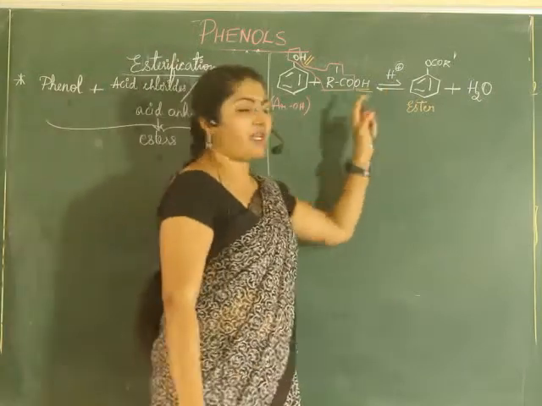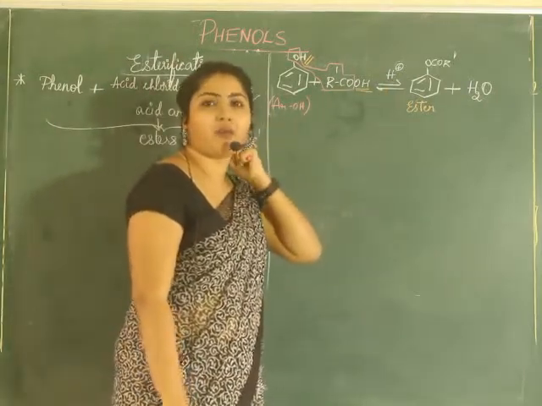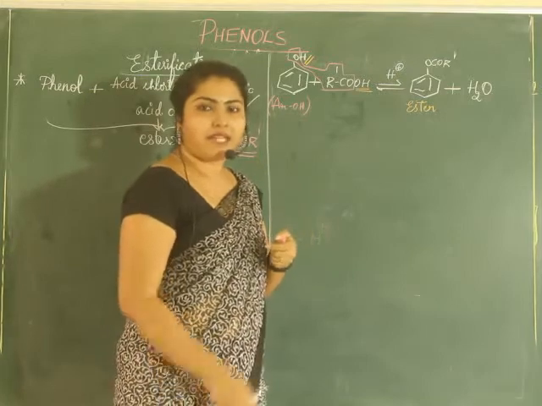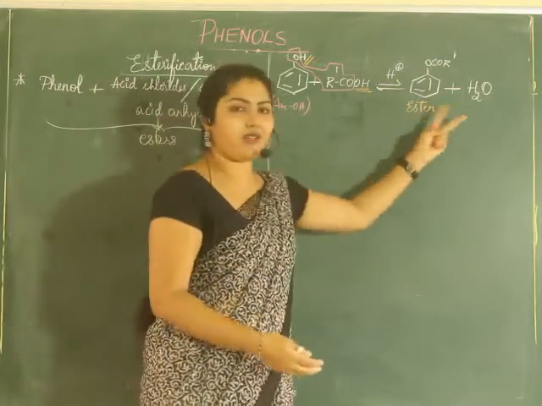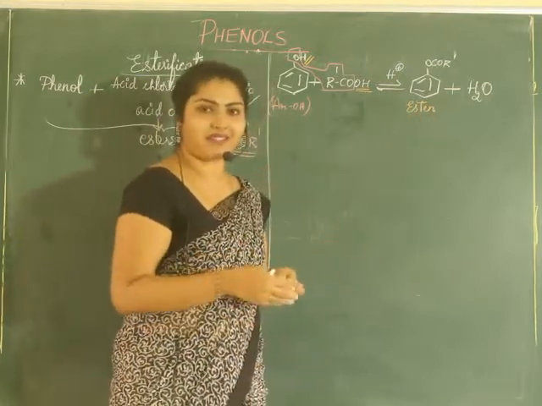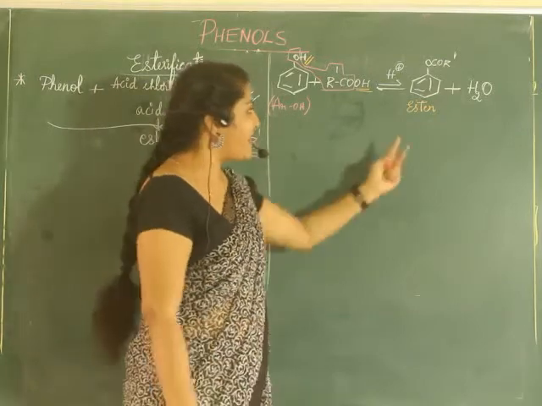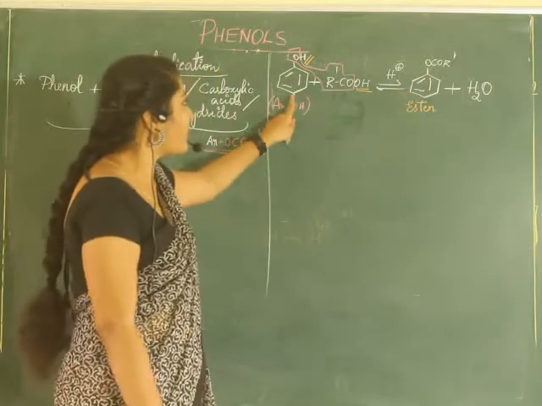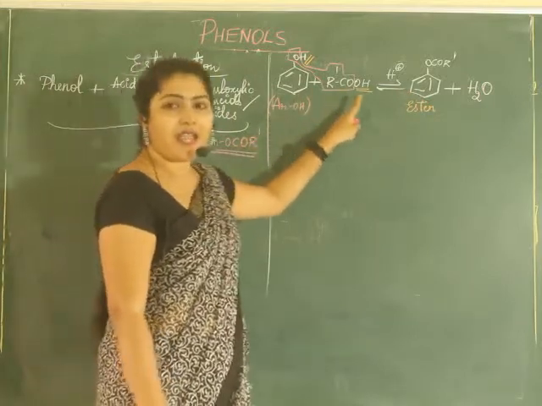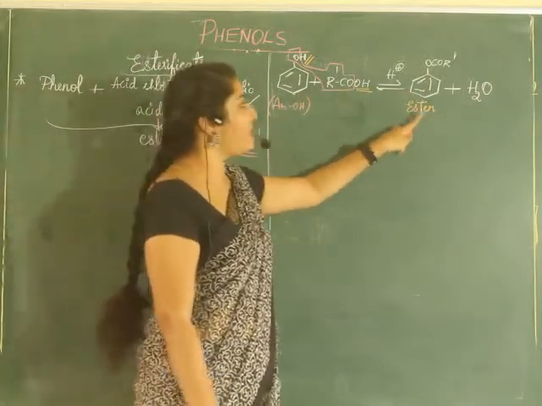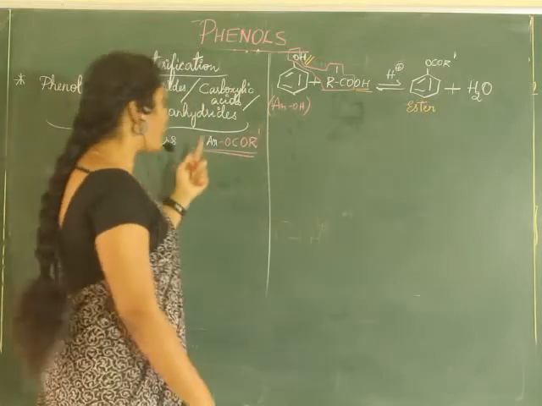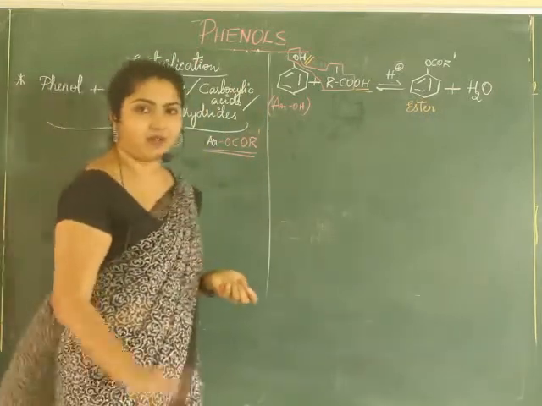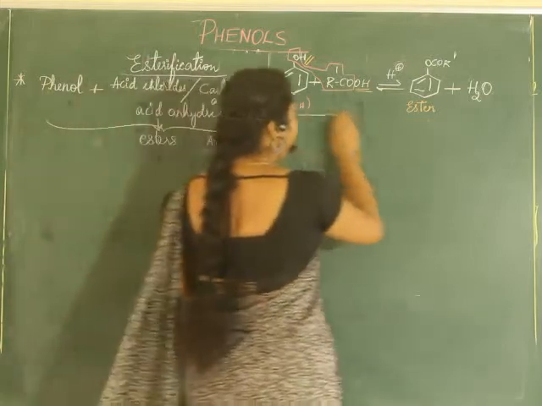Why is this acidic medium needed? The acidic medium helps in the formation of water. If water forms, then there's nothing to disturb the ester. That is why it balances, neutralizes. Esterification is a process where phenol reacts with carboxylic acid to form an ester. It's clear?